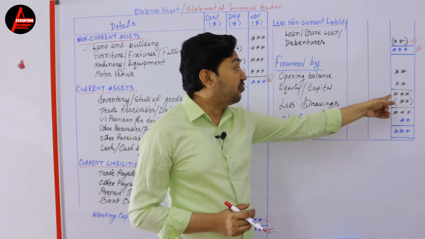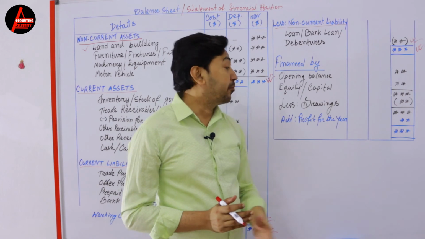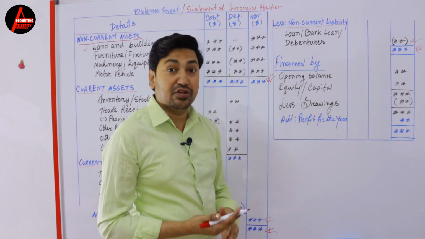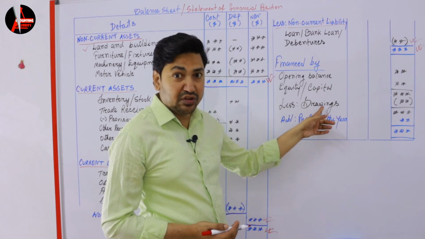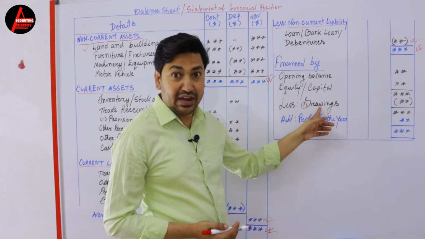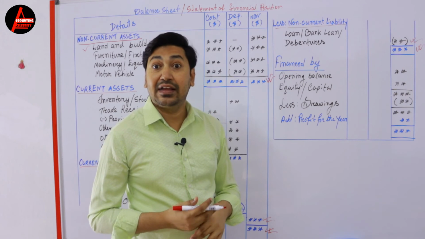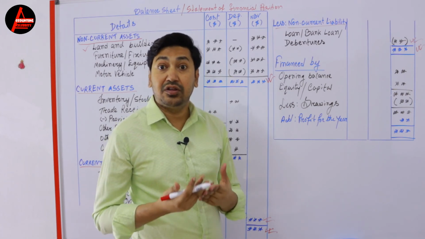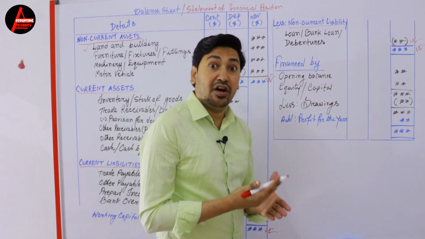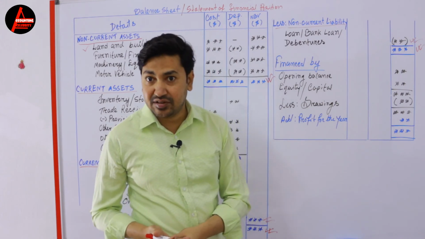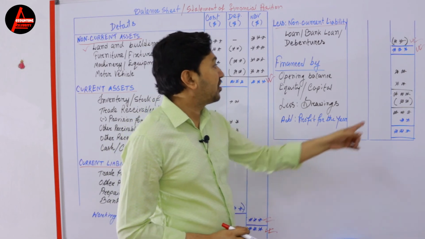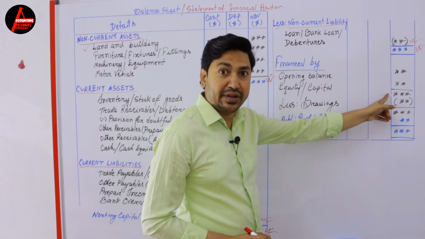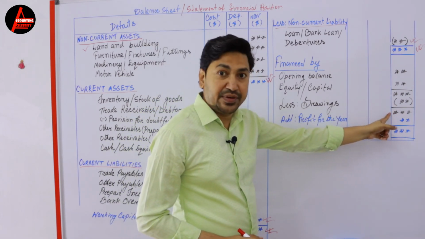Then with this capital you have to subtract your drawings. What do drawings mean? Drawings mean that the owner took money or goods from the business. This is actually called drawing. So you subtract the drawing from the capital, then you get this value.